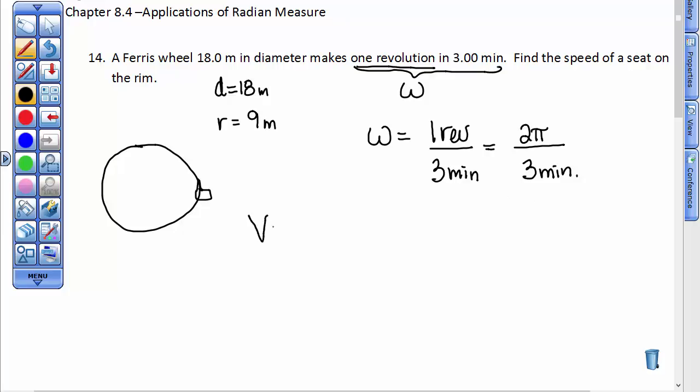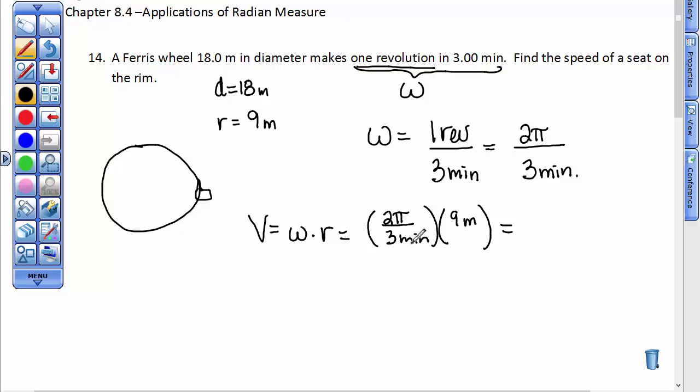And we find the speed of that seat by taking omega times r. So again, omega is 2 pi every 3 minutes. The radius of the Ferris wheel is 9 meters.